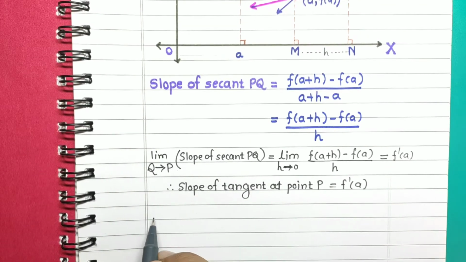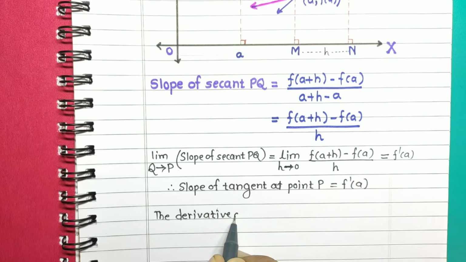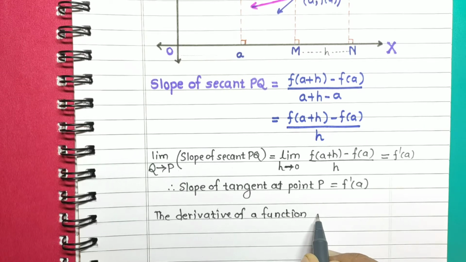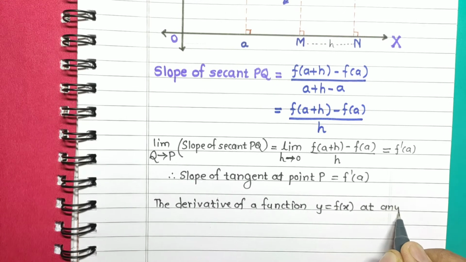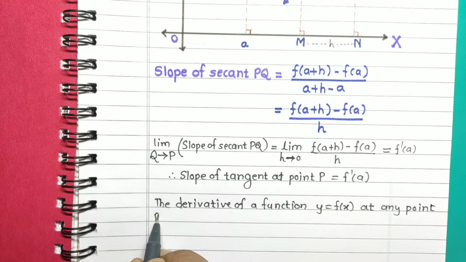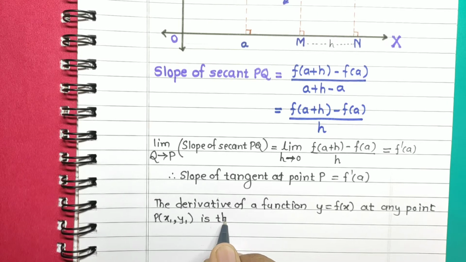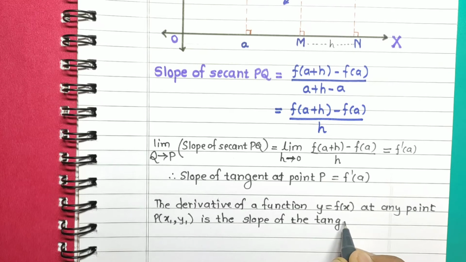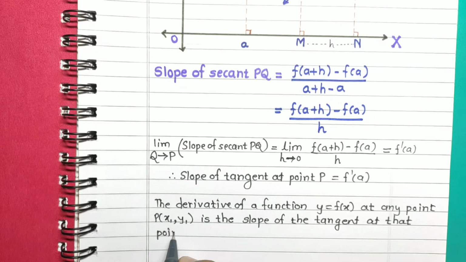So here we get that the derivative of function y is equal to f of x at any point P(x1, y1) is, see, one important result, the slope of the tangent at that point on the curve.